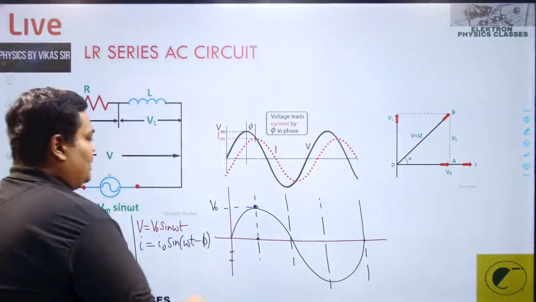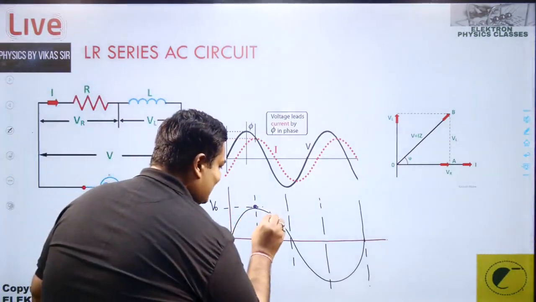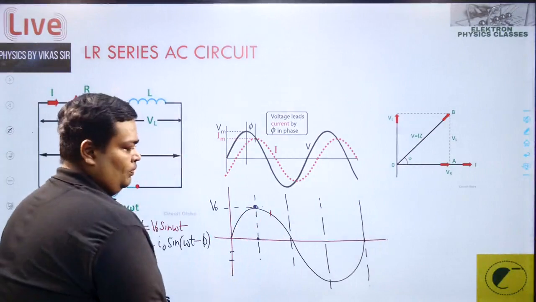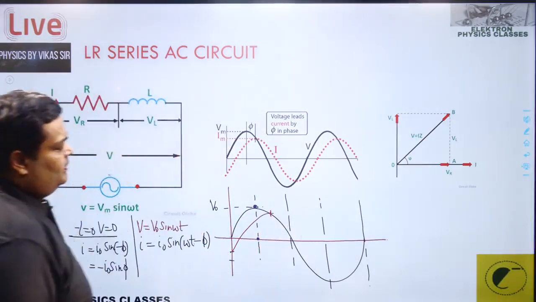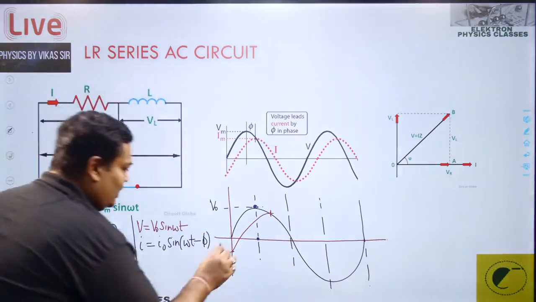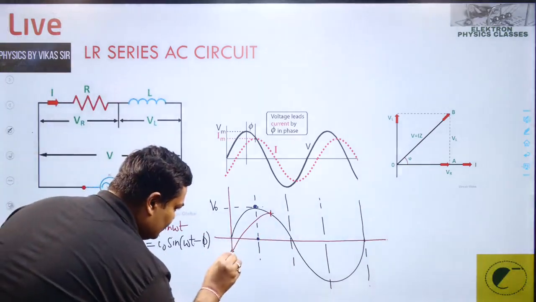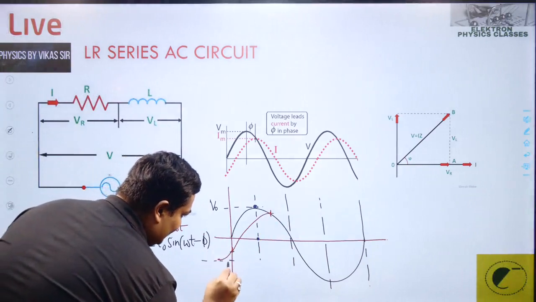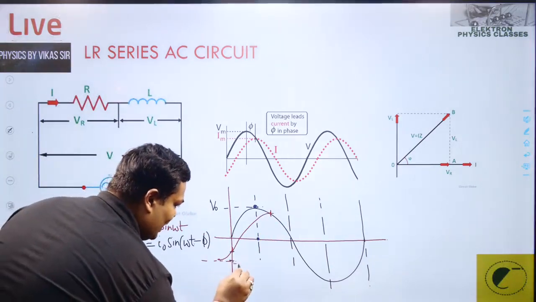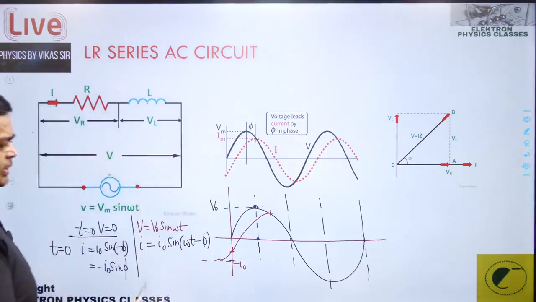For this, the peak is occurring later. So let's say the peak is occurring somewhere here. So the graph for this is supposed to be like this. Where if I backtrace the graph, then you will get here. So this is the peak, that is minus I naught, the lower peak.